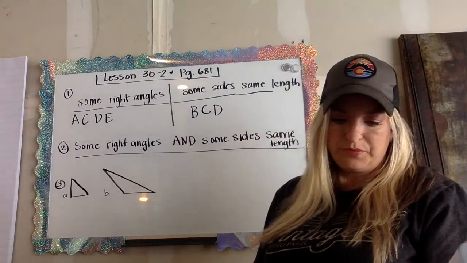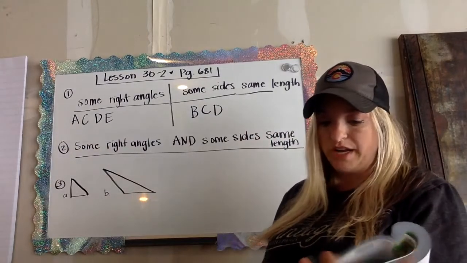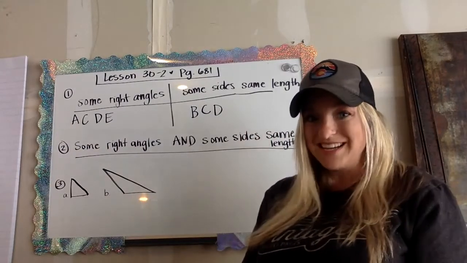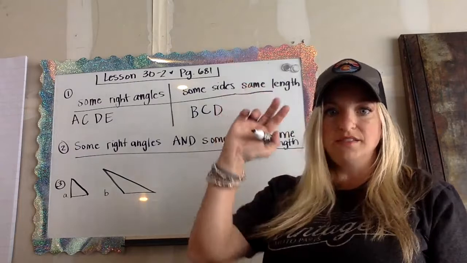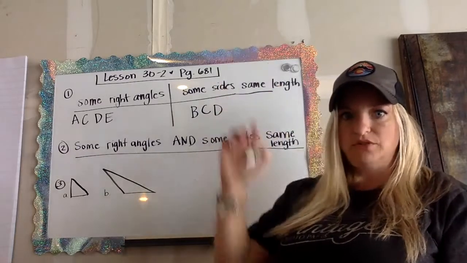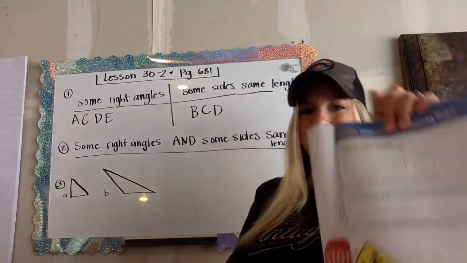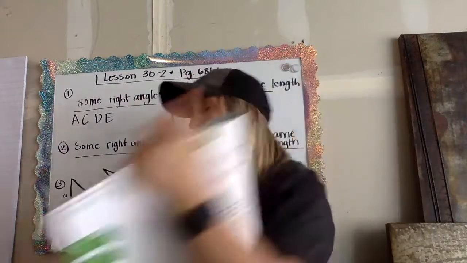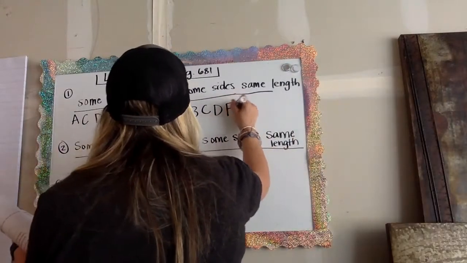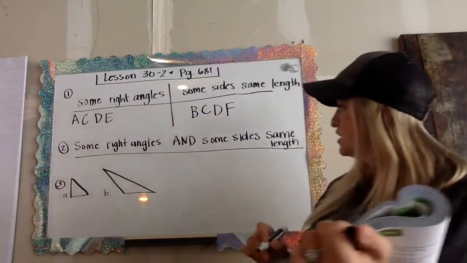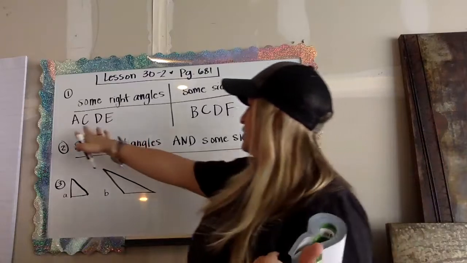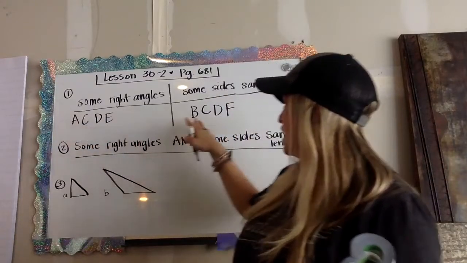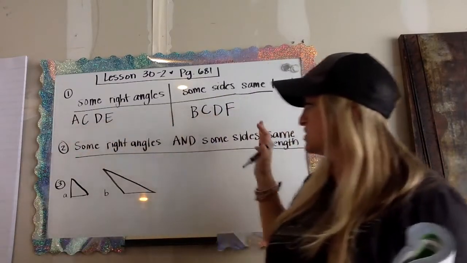Letter F. Letter F has no right angles, but it does have two sides, one up and one down, and one side to side, that are the exact same length. See that? So it is going to go here. And as you can tell, C and D are the same in both, but the other ones are different.